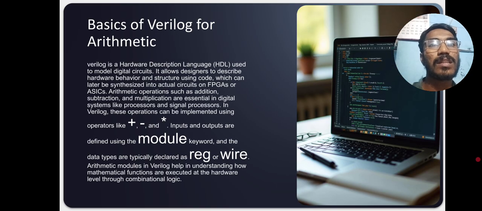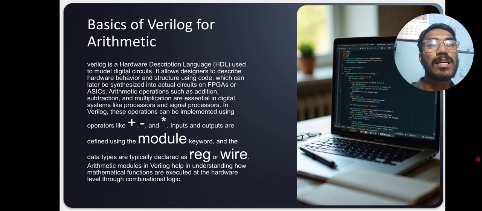Basic Verilog for arithmetic. Verilog is a hardware description language used to model digital circuits. It allows designers to describe hardware behavior and structure using code, which can later be synthesized into actual circuits for FPGAs or ASICs.